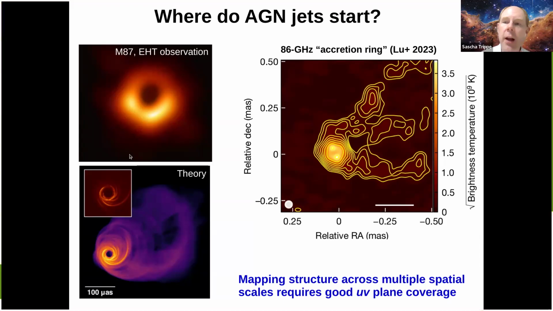And essentially, as it happened in the observations, we only saw the light ring with the black hole shadow itself. We did not actually see the foot point or the starting regions of the jet, which is there.